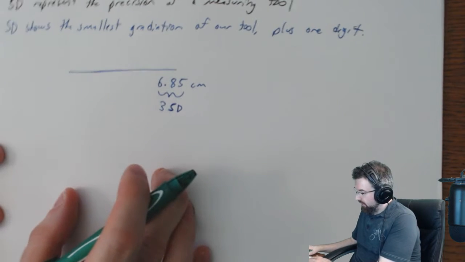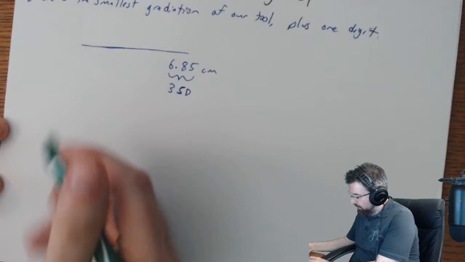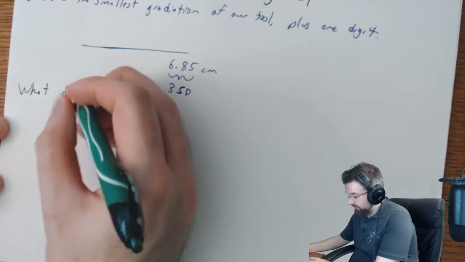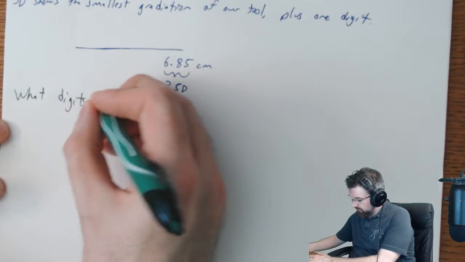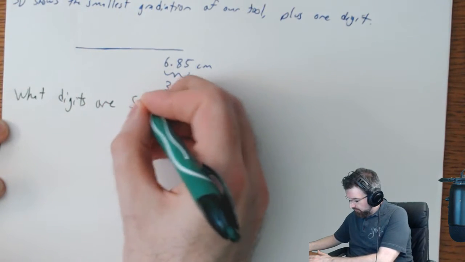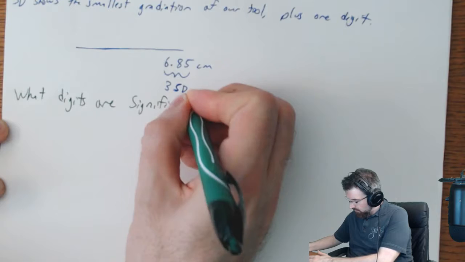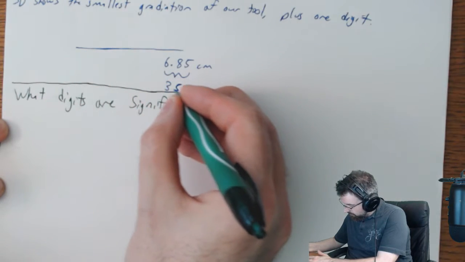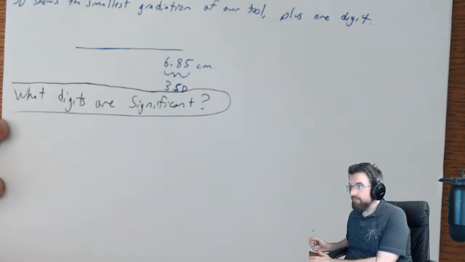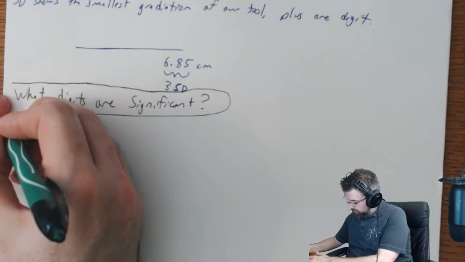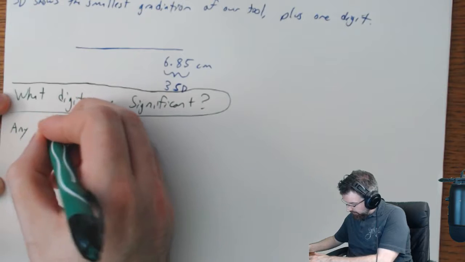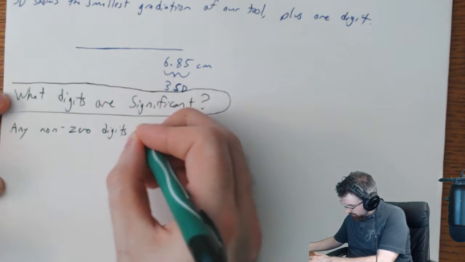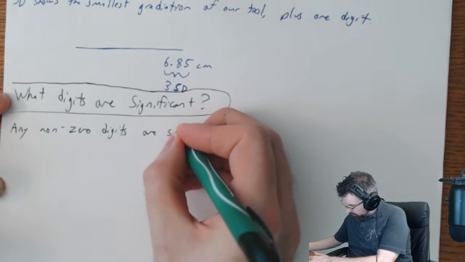All right, so this is the second topic to get into: what digits are significant. Any non-zero digits are significant.